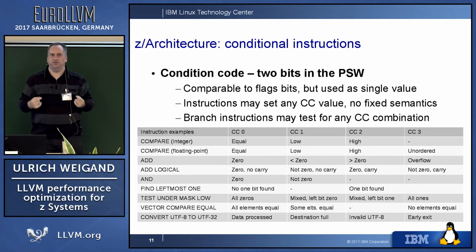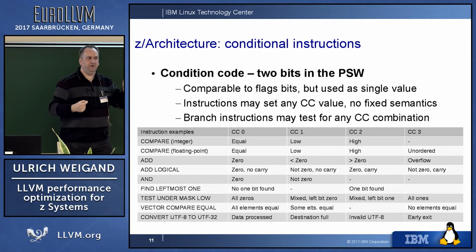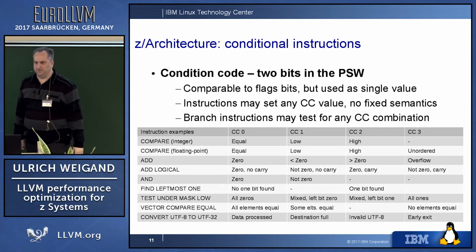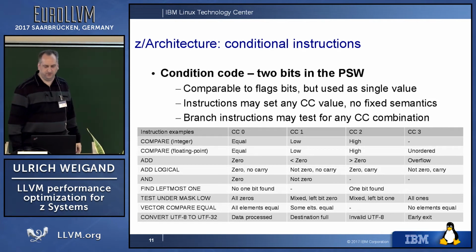And using this instruction, you can do a test like, if this one flag bit is set and this other flag bit is clear, in one instruction plus a conditional branch, which is pretty nice, and which we already actually do in LLVM today.